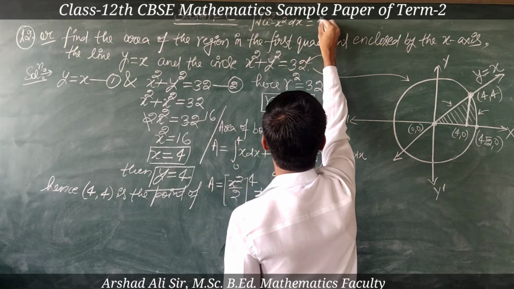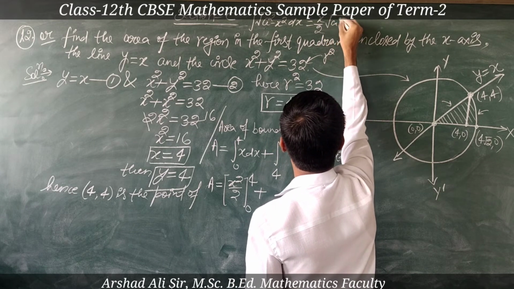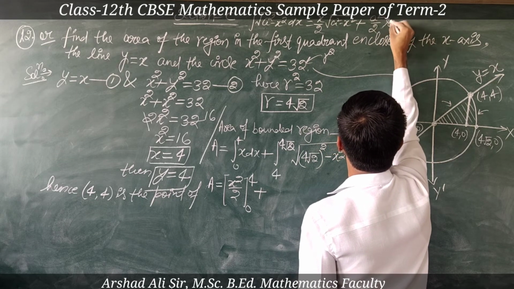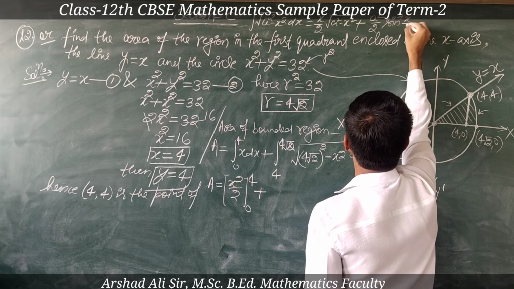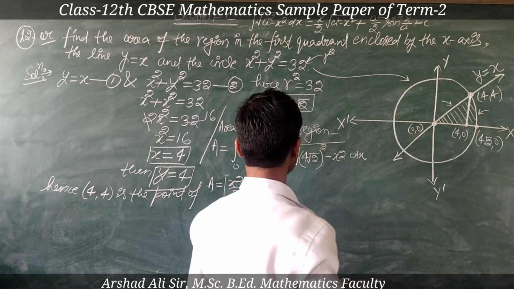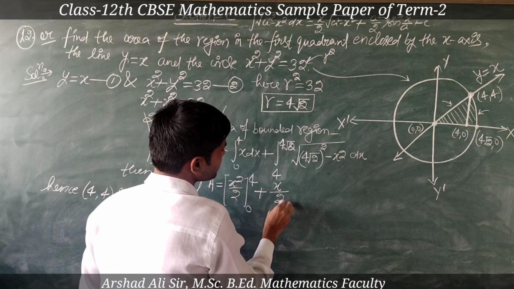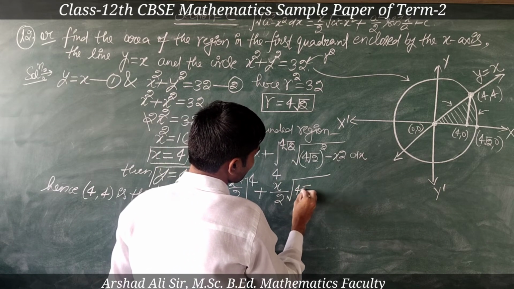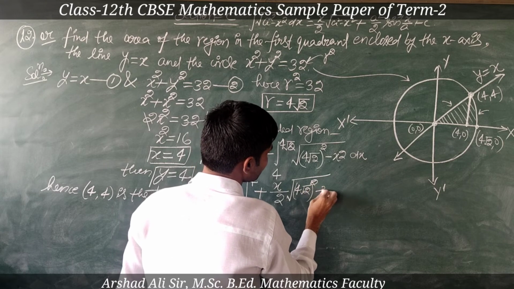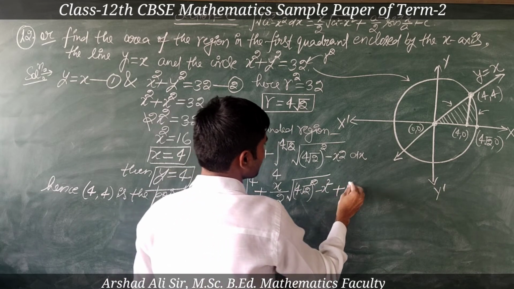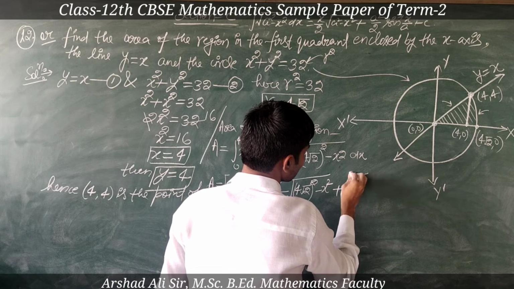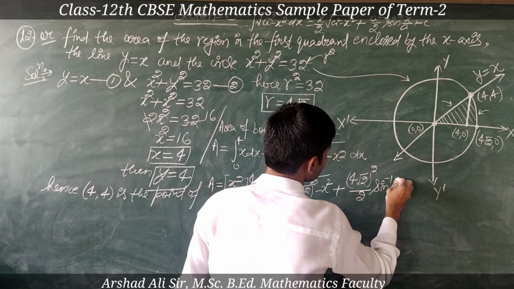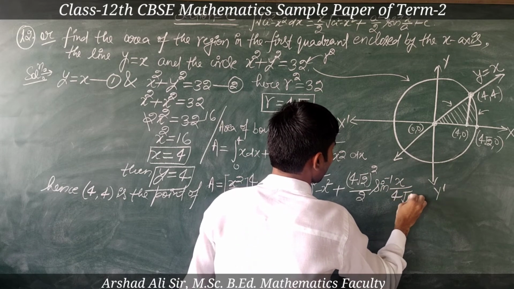It will be x upon 2 into square root of a square minus x square plus a square upon 2 into sine inverse x upon a plus c, c is any constant. x upon 2 means x upon 2 into square root of a square minus x square, a means 4 root 2 square minus x square, plus a square upon 2. A square means 4 root 2 square upon 2 into sine inverse x upon a. x means x, a means 4 root 2.